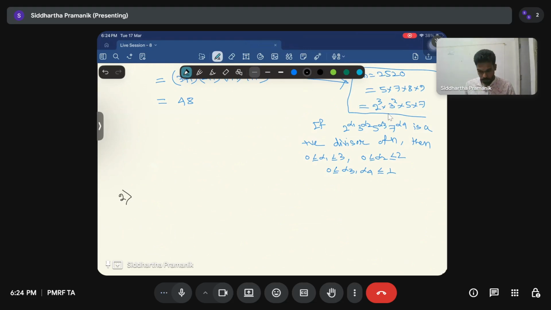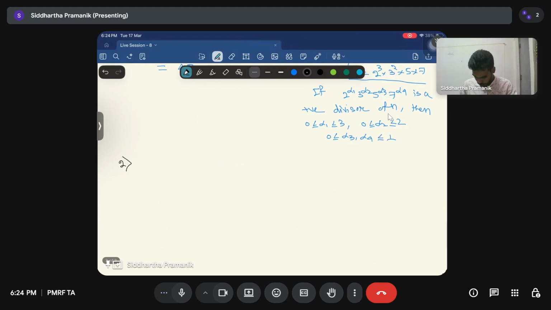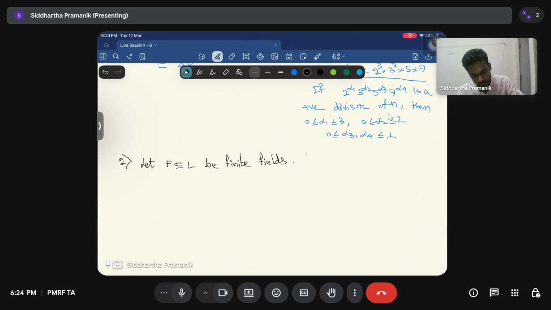Okay, so let's move on to the second problem. Let F subset of L be finite fields.